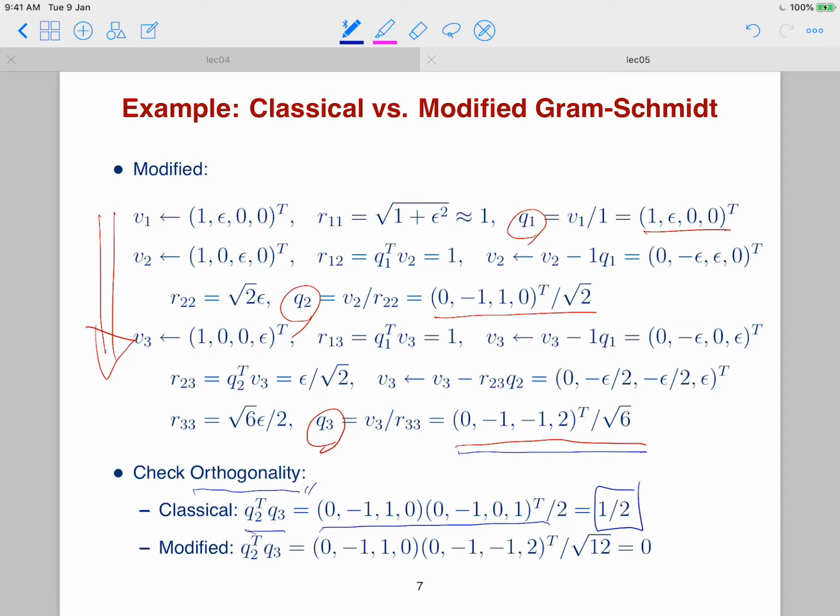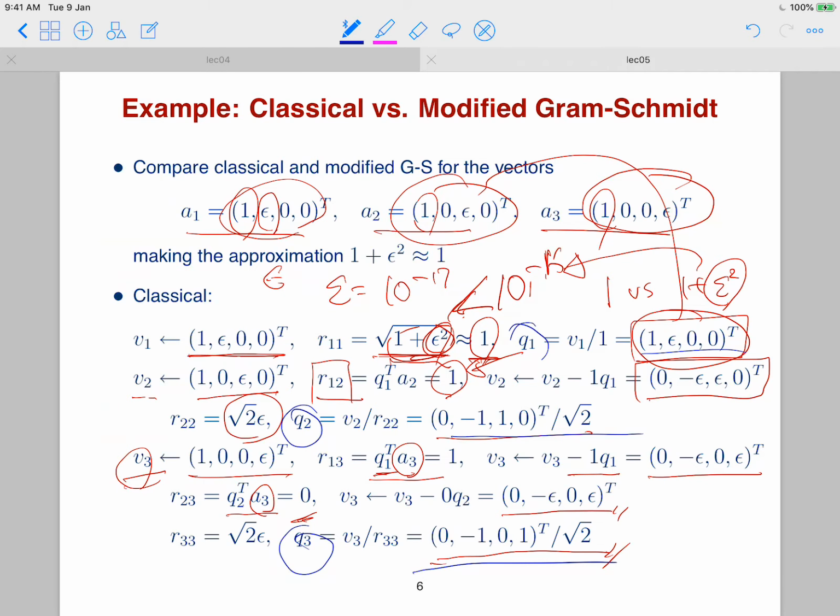So that comes from this part where R23 is Q2 transpose times V3, and in the classical case, Q2 transpose times A3, right?